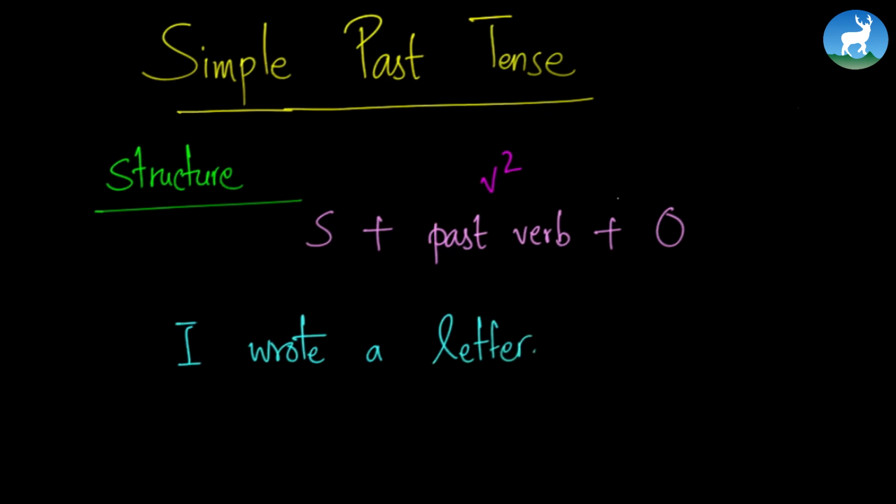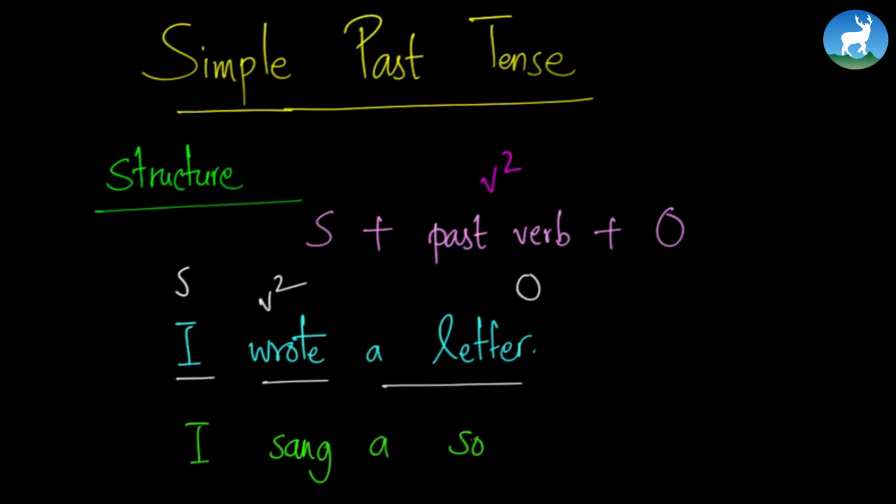Now in this sentence we have I in the subject position, a letter in the object position, followed by wrote as the past form of the verb. Or I can even write, I sang a song. And if I write I sang a song, I is the subject, a song is the object, and sang is the past verb. So you might ask me a question now: what are the uses of simple past tense?